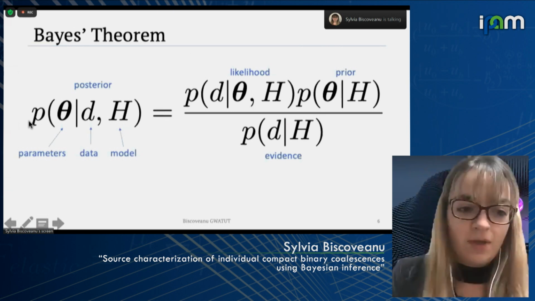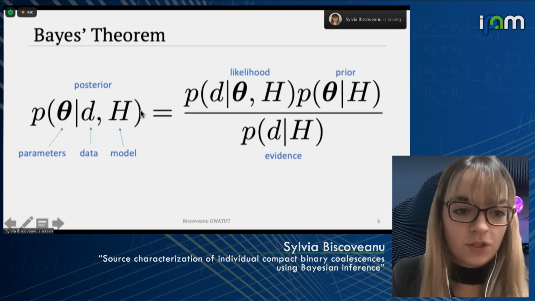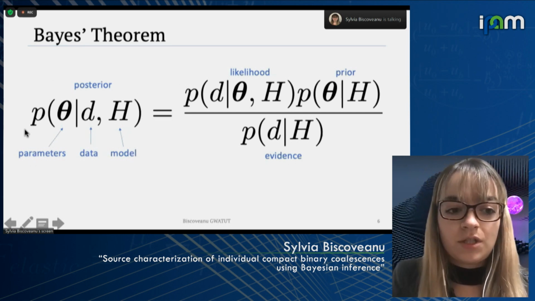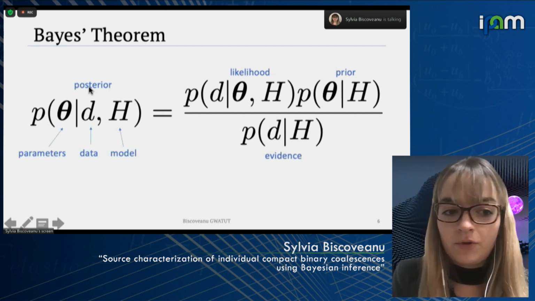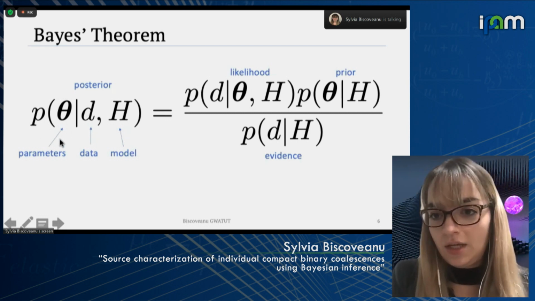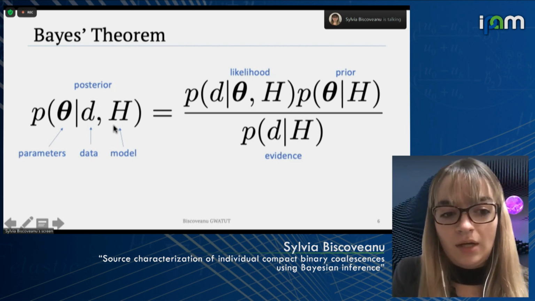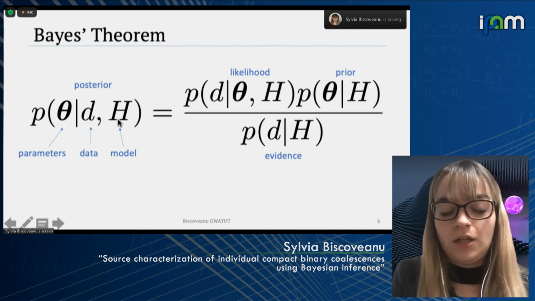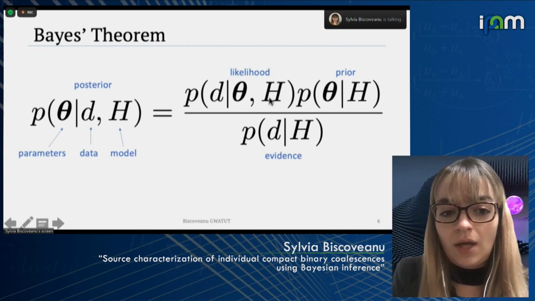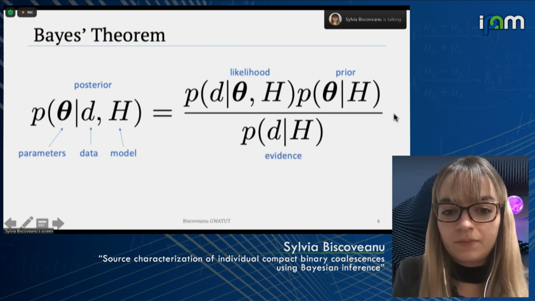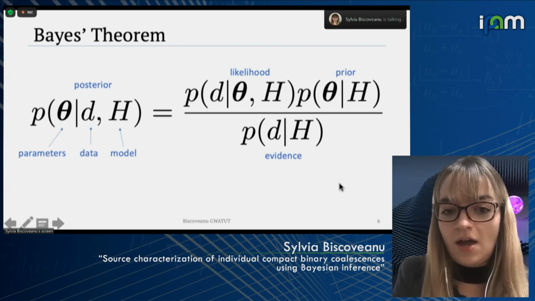Many of you may be familiar with this already, but if not, just to review, what we are trying to obtain is the posterior, which is the probability of some parameters that we are trying to measure, in this case, for example, the masses and the spins of the black holes, given the fact that we've observed some data D and we're assuming some model H. This is equal to the likelihood of having observed that data D given the binary parameters, times the prior probability that we assume for those parameters, and then we're dividing by a quantity called the evidence.